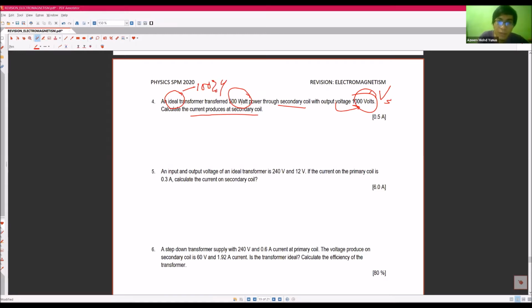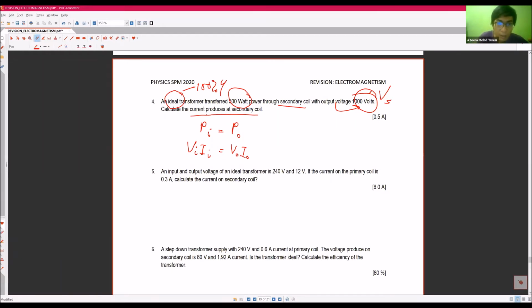So the 500 watt power must be the same for primary and secondary coil. So the input must be the same as the output. Vi Ii equals Vo Io. So that's the formula for power.